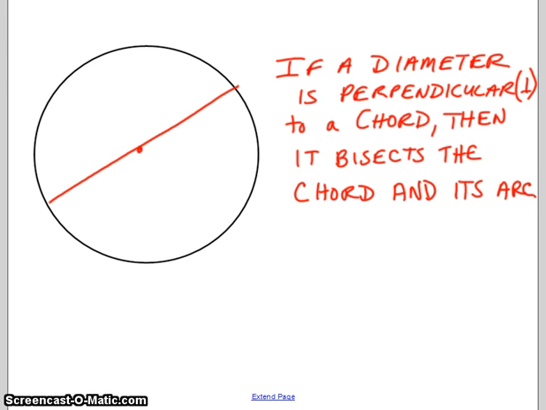Alright, so let's say we have a diameter that is perpendicular to the chord. We have the diameter is AB, and the chord is CD, and we have E as the intersection point.